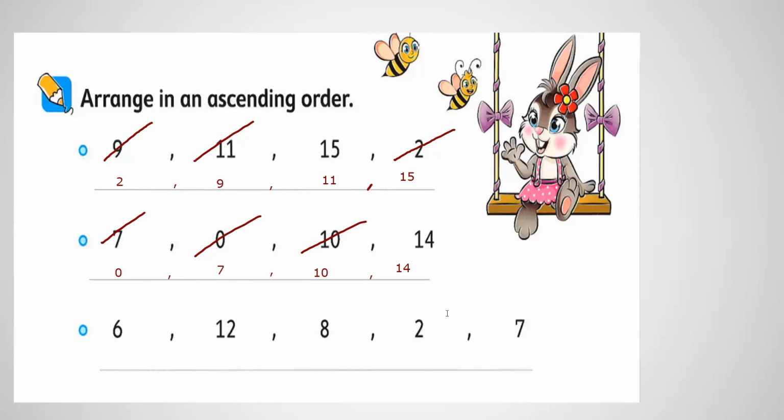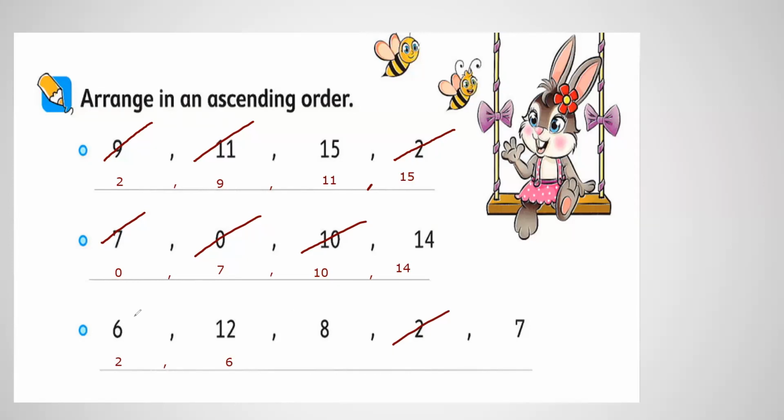Again, arrange these numbers in ascending order. We have 6, 12, 8, 2, and 7. Ascending, A means ant and is small, so start from the small. Here, the smallest one is 2, so put 2. Okay, after 2, we have 6. Write 6.